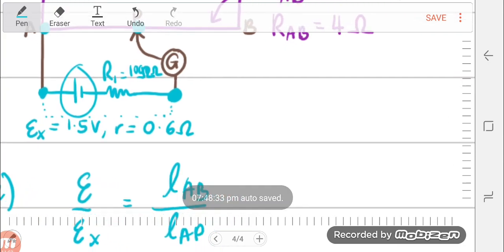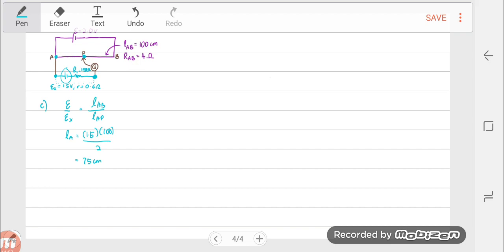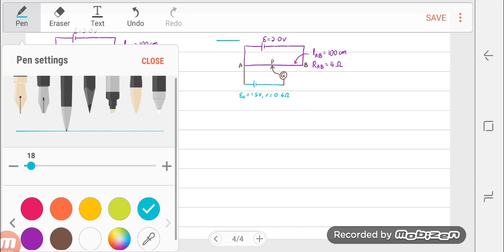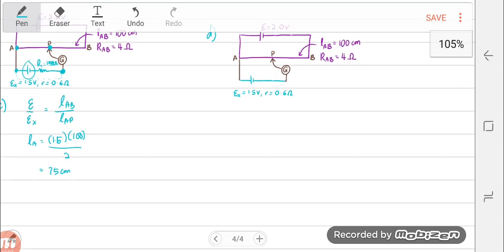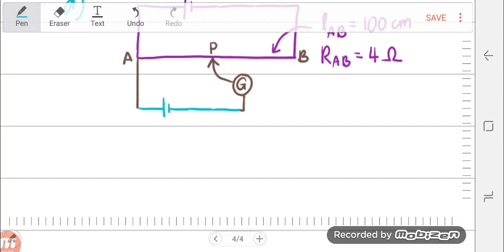Okay, so next and the last one, which is D. Okay, this is another circuit for D. Alright, let's zoom in. Now this time the question is asking for if the 1 ohm resistor is put, so I'm going to have to erase this information because I have to put the R1 resistor down here.